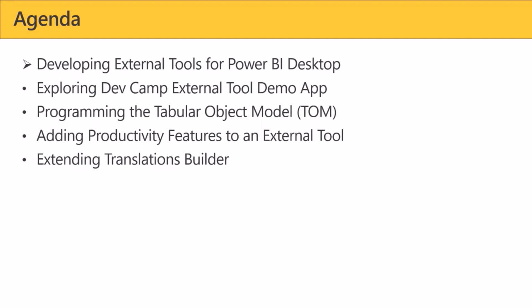We're going to look at the Tabular Object Model, our buddy Tom, that we use to program datasets with .NET and C#. And then in our second to last section, I'm going to step through some of the tasks that you can automate. So what I'll call productivity features that I would build into my external tool for a Power BI desktop author like you, Scott.